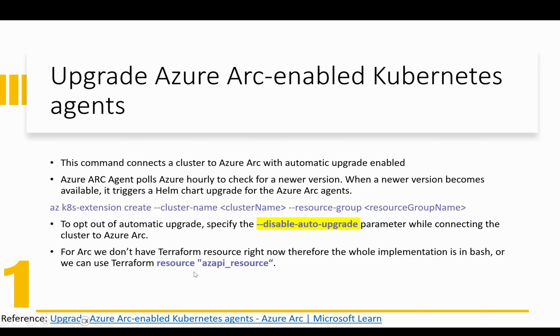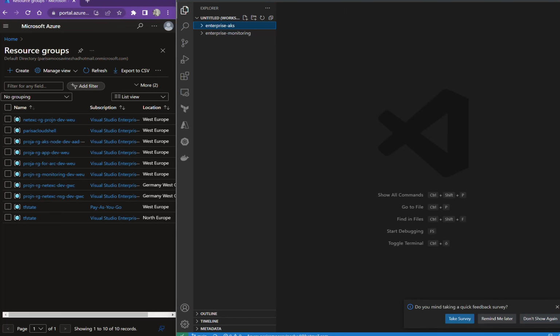But in this case, the resource would not get deprovisioned because it is only a creation command. It is the difference between a usual Terraform resource and this AZ API resource. The deletion or deprovisioning cannot happen here. You should develop a workaround to deprovision a resource. I think I have explained enough theory.